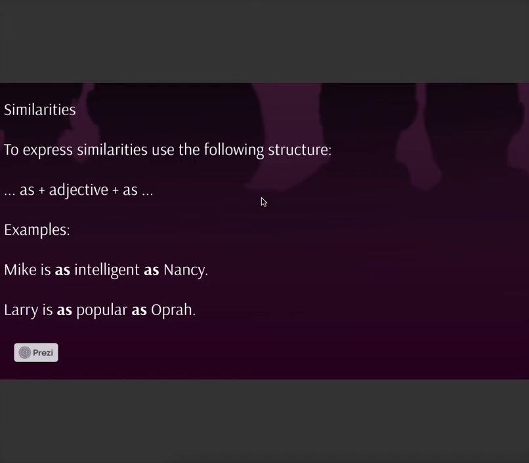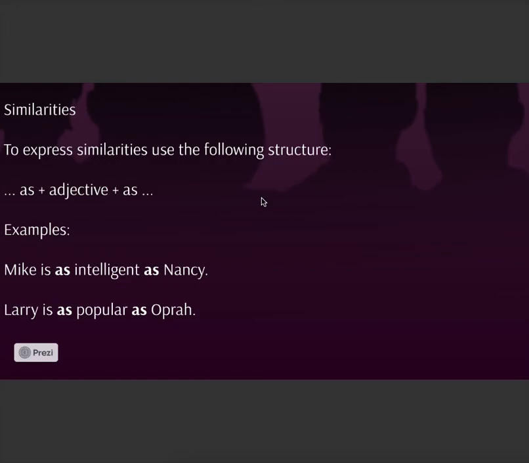I am making a comparison, yes, but a comparison of similar things. I am comparing two similarities. It is when you are talking about characteristics that are at the same level. Mike is as intelligent as Nancy. Mike es tan inteligente como Nancy.